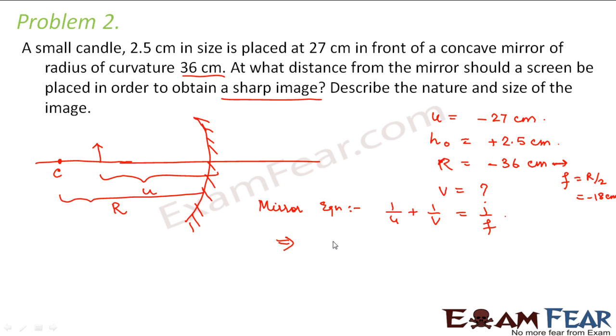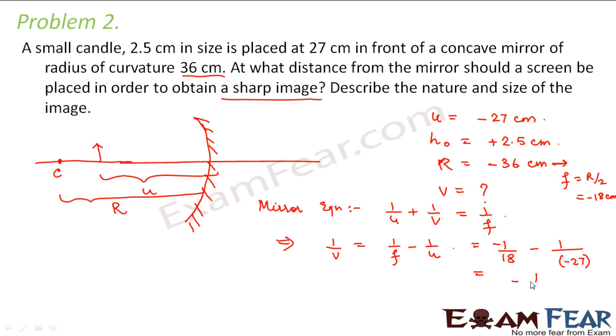So let us put these values. So we get 1 by v is equal to 1 by f minus 1 by u. So this comes out to be minus 1 by 18 minus 1 by minus 27.